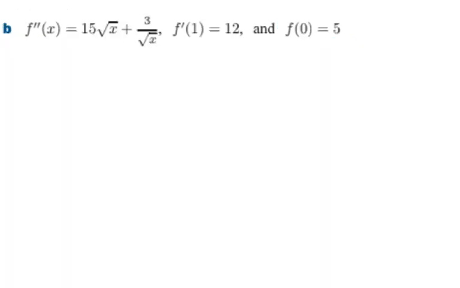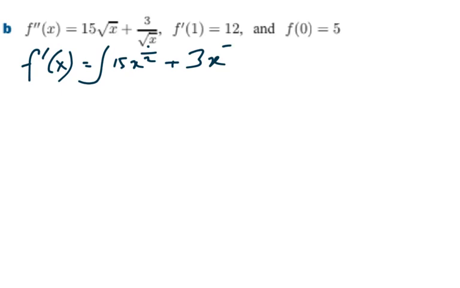We move on to the last question, a similar type of question where the second derivative is given. So first, to find f prime of x, you have to integrate 15 x to the power of 1 over 2, it can be written in this way, plus 3 x to the power of negative 1 over 2 dx. Continue with your integration.